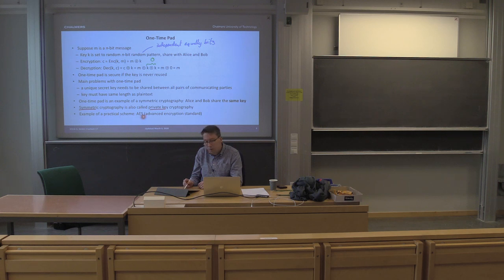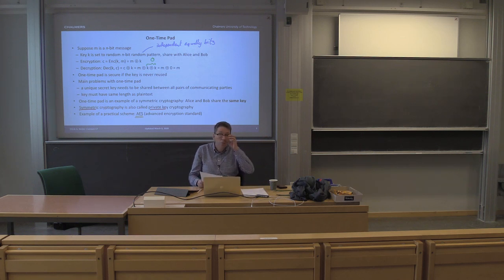An example of a practical scheme that does this is AES, which stands for Advanced Encryption Standard. This is a pretty good scheme. That's what's recommended to be used today. If you want to use symmetric cryptography, AES is your best bet until we find something better.